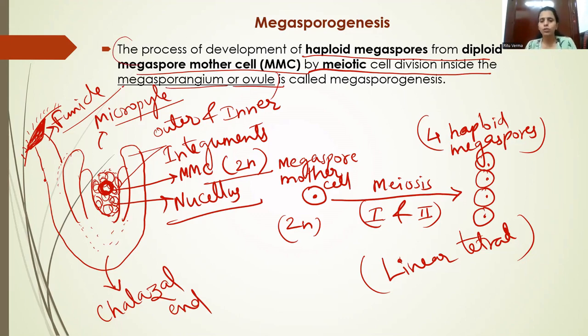It takes place inside the megasporangium or ovule. In this process, from the diploid megaspore mother cell, 4 haploid megaspores are formed, and these 4 haploid megaspores help in the formation of the female gametophyte.